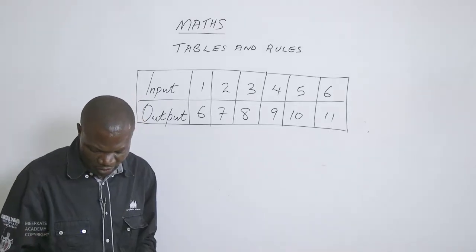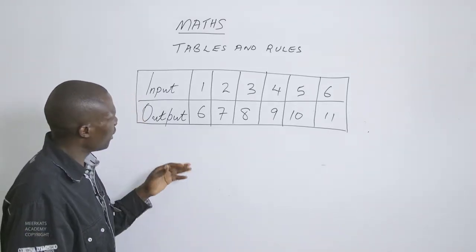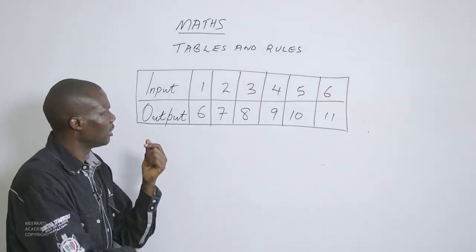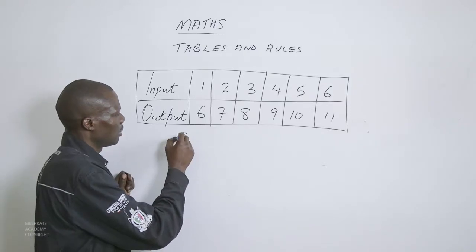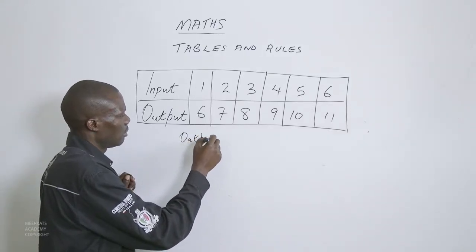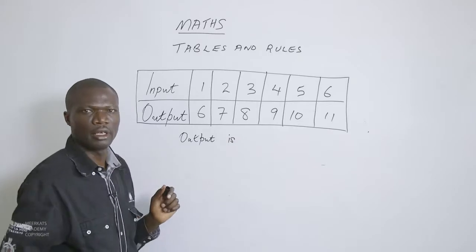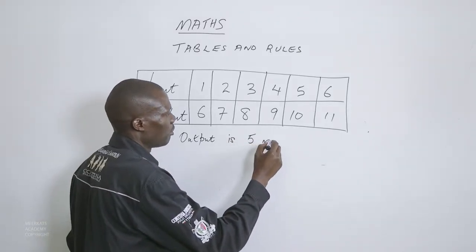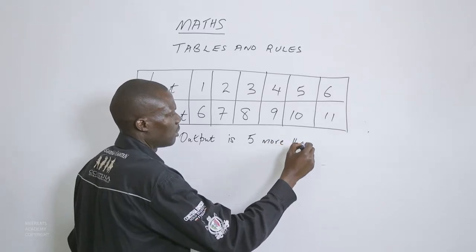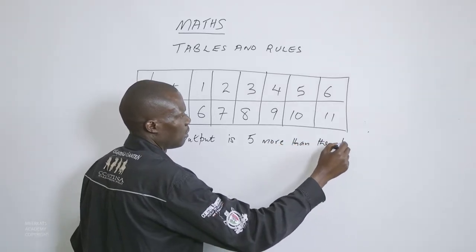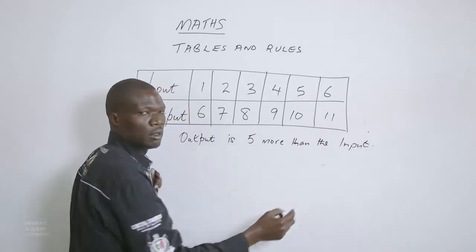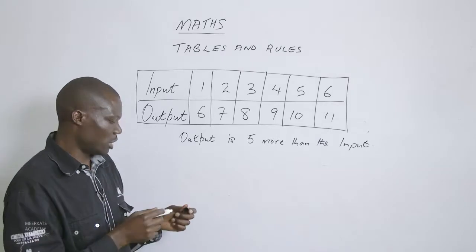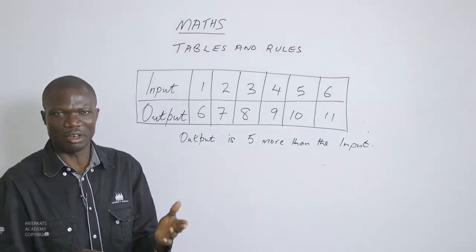Now from this, you realize that the output is 5 more than the input. How? Let's see.